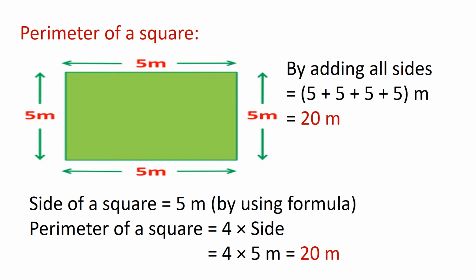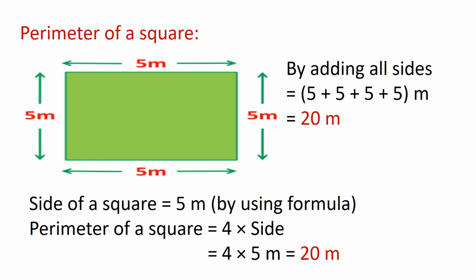Let us now calculate the perimeter of a square. Perimeter of a square can be calculated in two ways, either by adding all sides or by using the formula. By adding all four sides of the given square, which has a side of 5 meter, we get 20 meter.